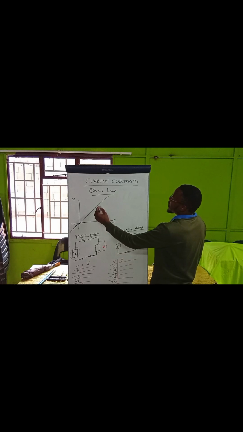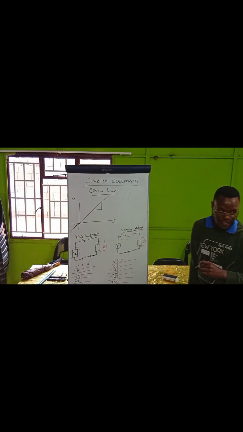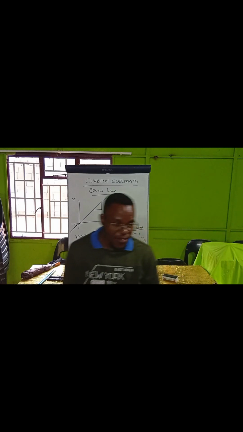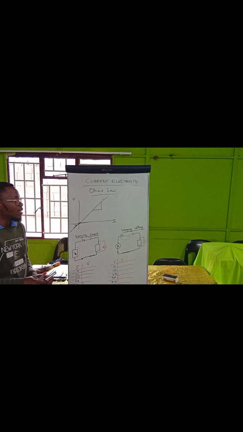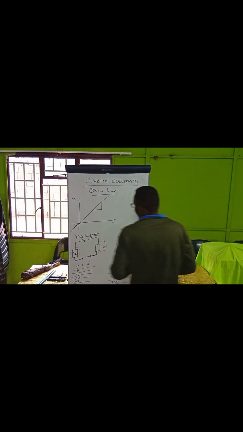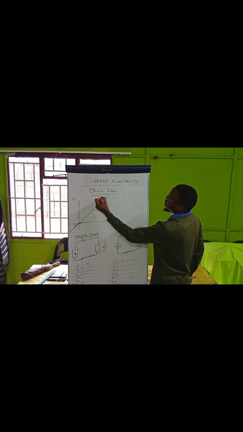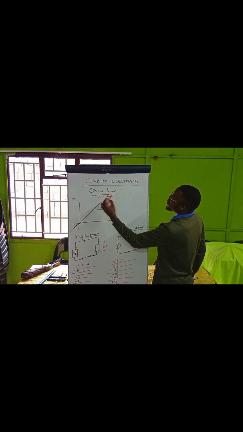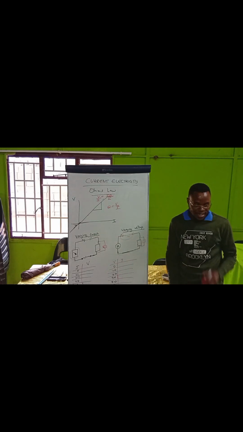And when you find the gradient of this line, you will notice that it will give you the resistance, because this is V against I. Why? Because Ohm's law is V equals IR. So when you divide both sides by I, notice that R equals V over I. So V is the y-axis and I is the x-axis.